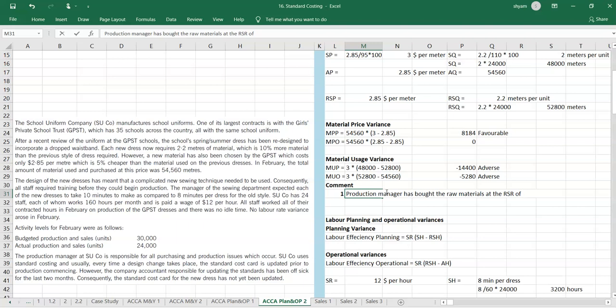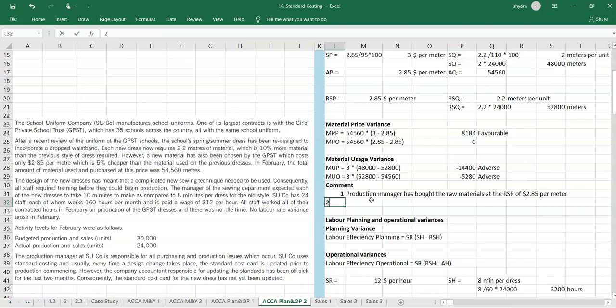So the actual rate has been the revised standard rate, and that's why there's no variance at all. That's the first point.